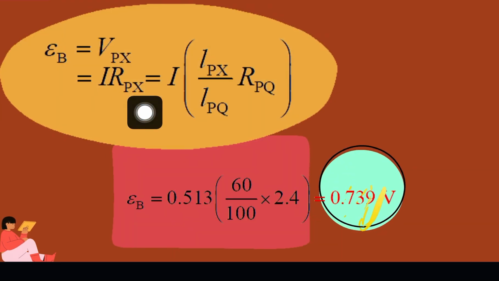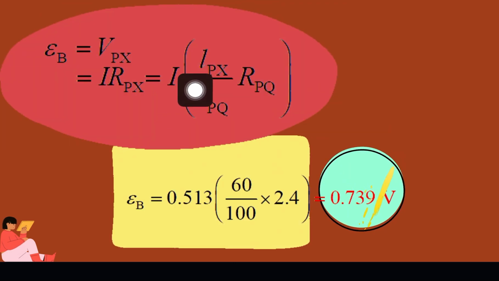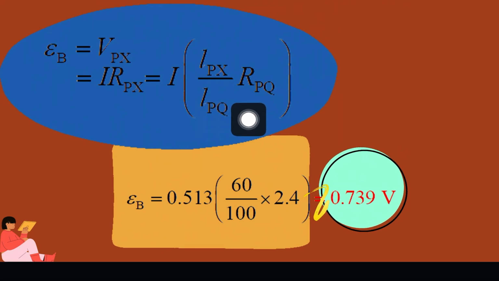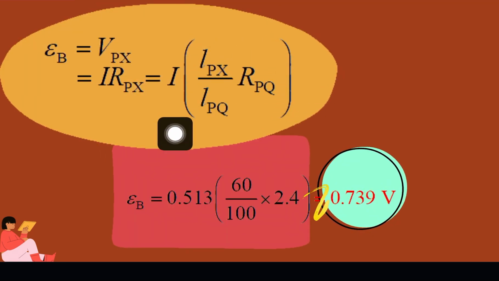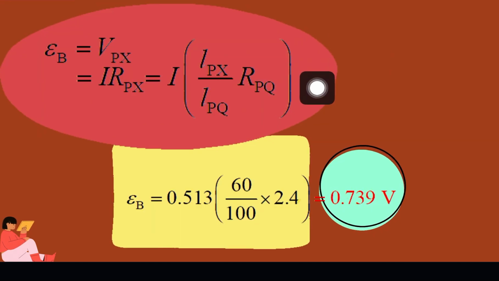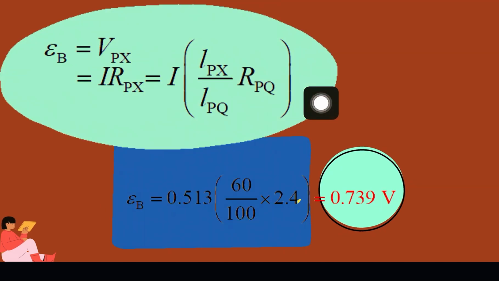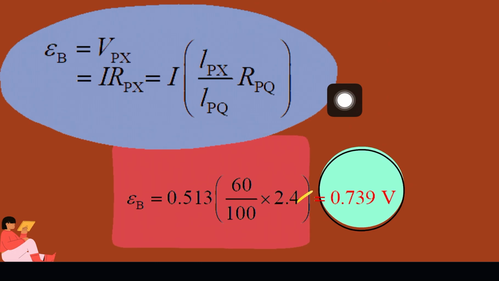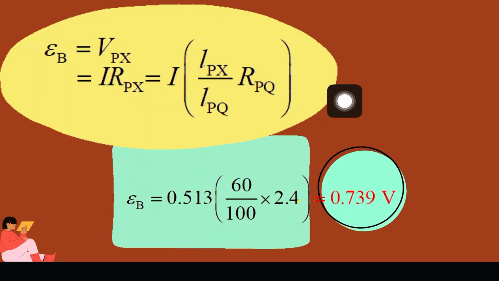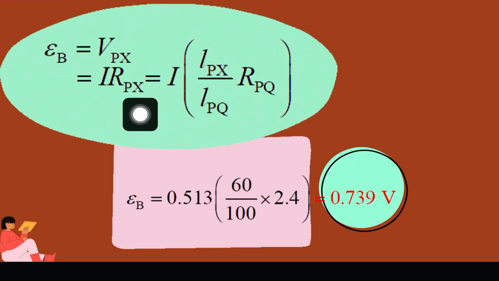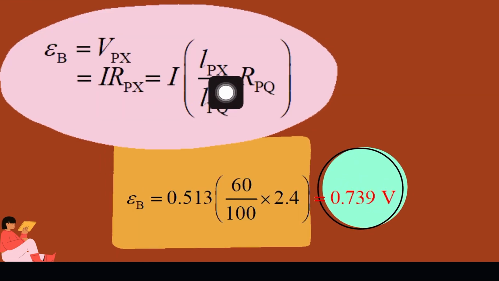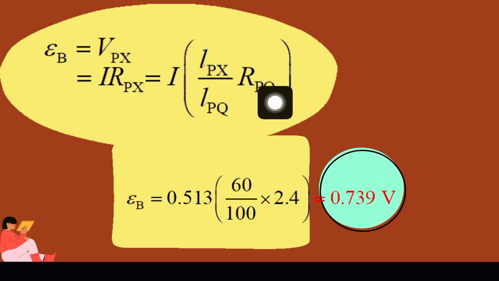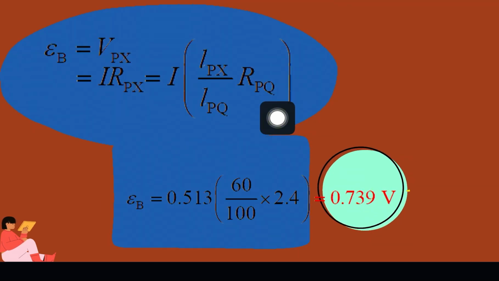Since we have values of LPX and LPQ, we are going to apply this one. Do you remember this one? Where L1 over L2 equals to R1 over R2. So we are going to apply this one. RPX equals to LPX over LPQ times RPQ.